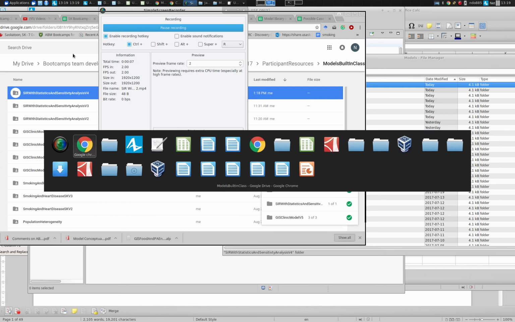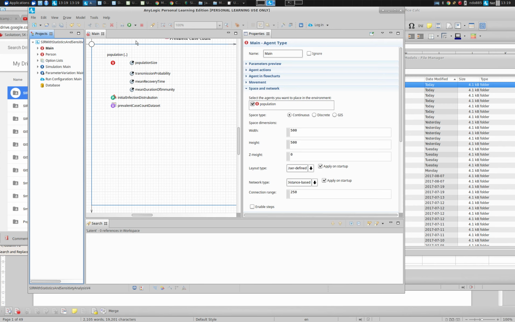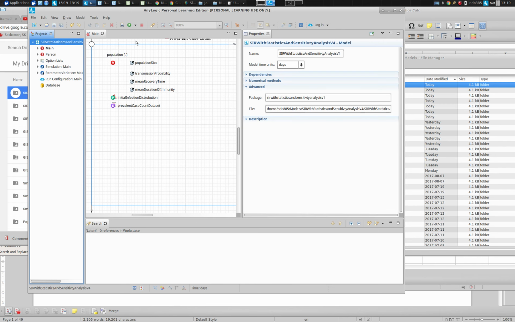Okay, so you may recall from this morning that we had built this model which simulated infection spread, but where we recognized that a given realization of this simulation could be different from each other.